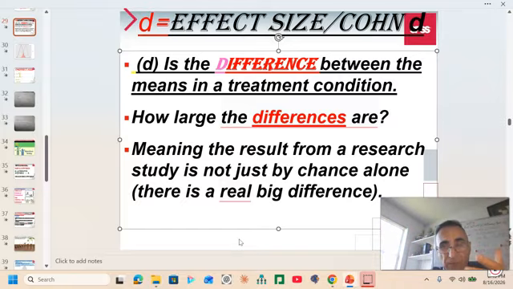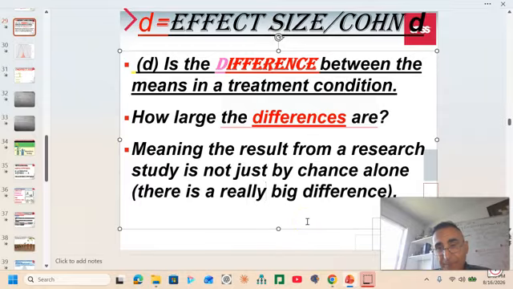That's what you want in research, because the null says no difference, nada, zap, zero difference, but you believe that there is a real difference.